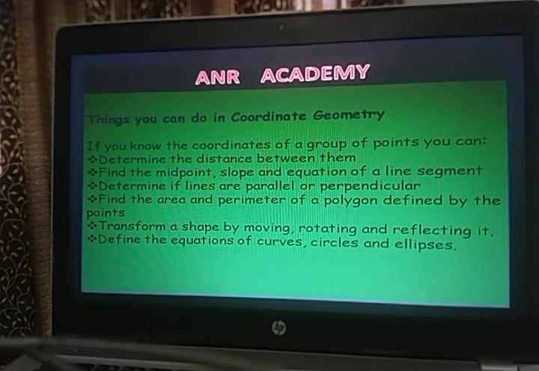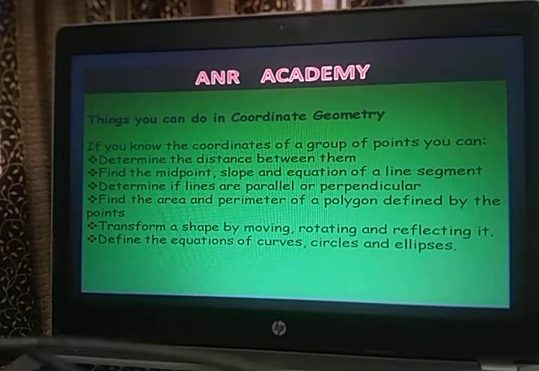To find the midpoint, slope and equation of a line segment. All these things we learn in our later classes. To determine if lines are parallel or perpendicular. Find the area and perimeter of a polygon defined by the points. Suppose a polygon is defined with the help of ordered pairs.